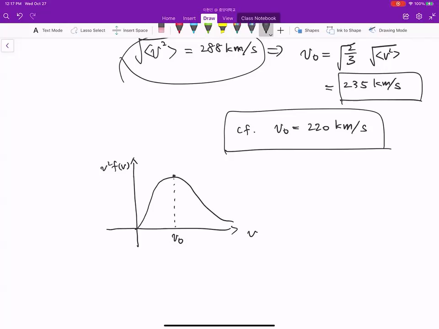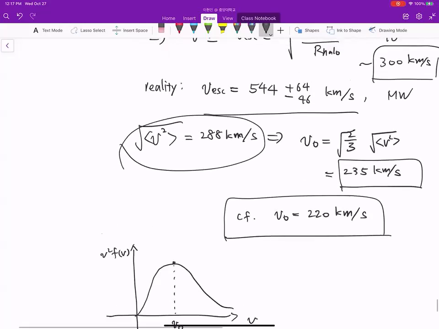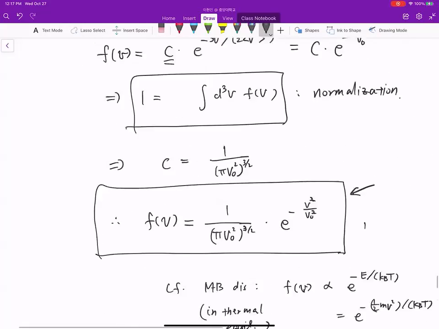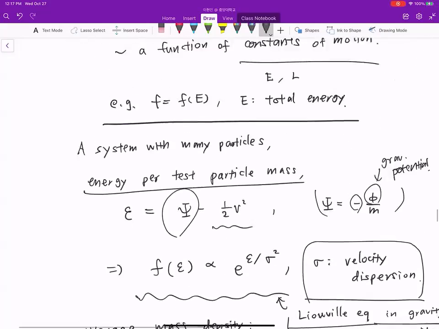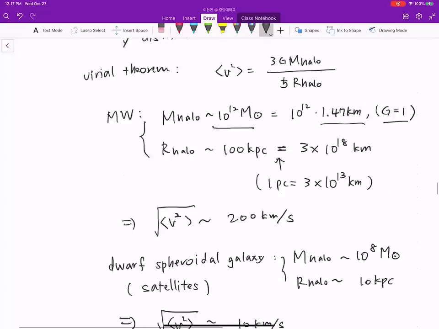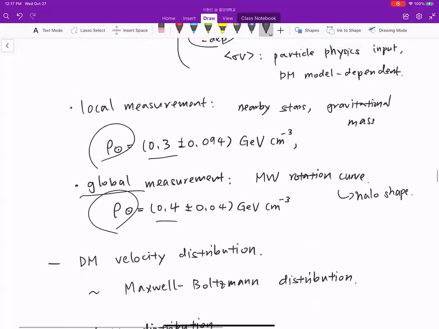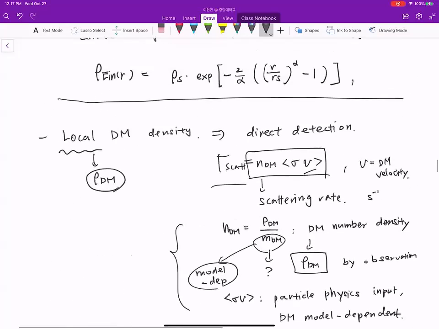Actually, I forgot to tell you that when we obtain the direct detection signal, we need to average over velocity.